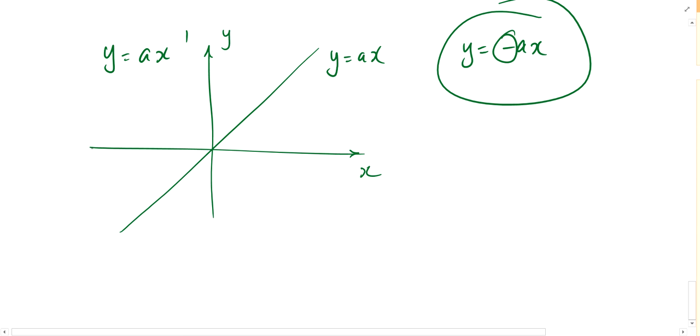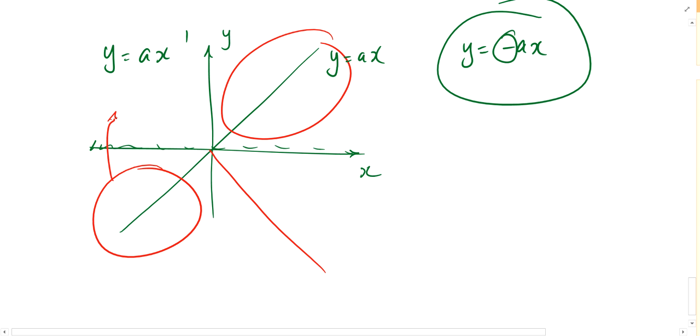Now I'm going to put a mirror on my x-axis. The region over here, I reflect downwards, so it looks like this. Then this part, I reflect up, so it looks like this. So this is my graph of y equals negative ax.